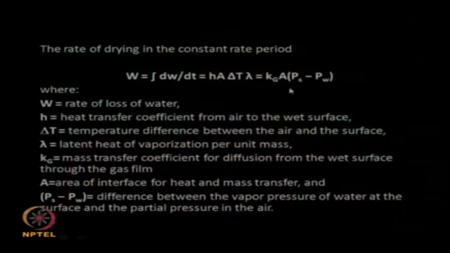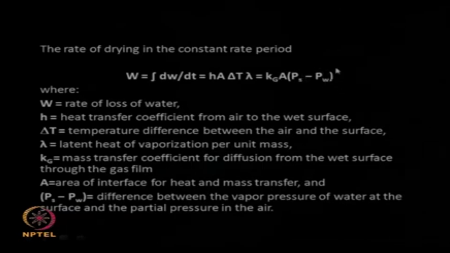So two things are happening, one is related to the evaporation of water, which is given by Kg, the mass transfer coefficient, A is the area, Ps is the vapor pressure of water, and Pw is the partial pressure of water in the air. This is the driving force, this is the area. We can put in velocity also here if you want to consider the effect of air flow on changes in the mass transfer coefficient.